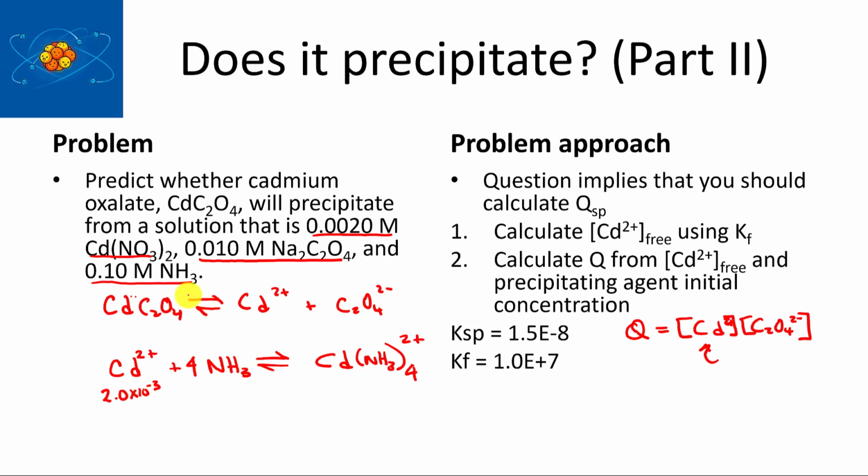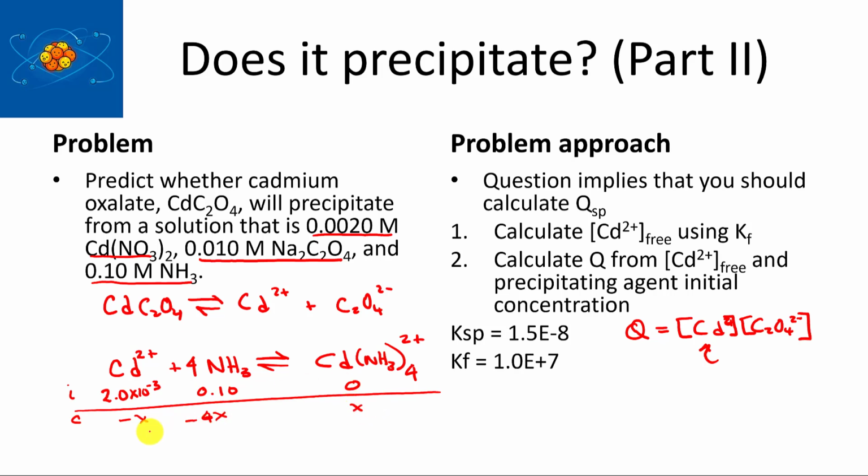And for my ammonia concentration, I have 0.10, and then I have 0 of this. And I actually have to set up a double ICE table to solve this problem. So this is my initial, right? This is my change. This is minus x, and this is minus 4x, sorry.